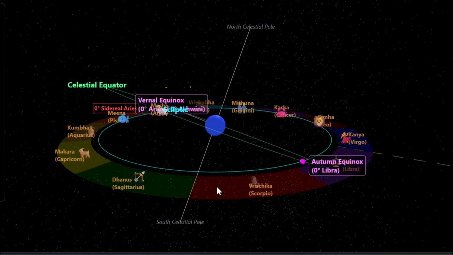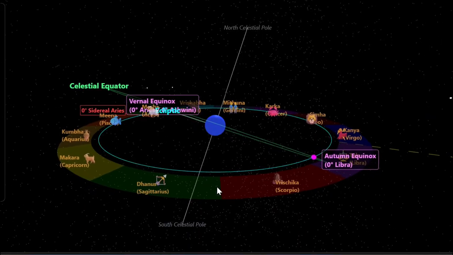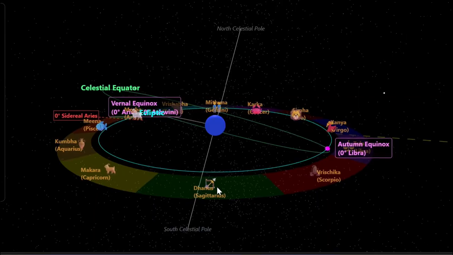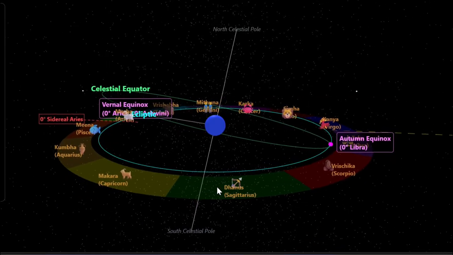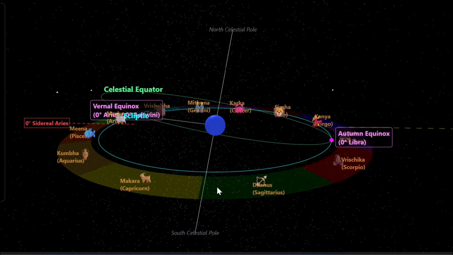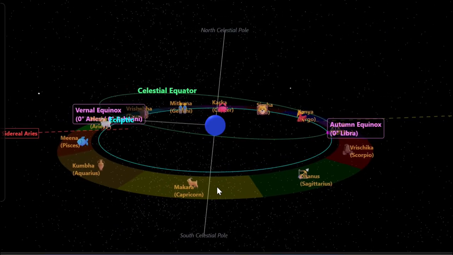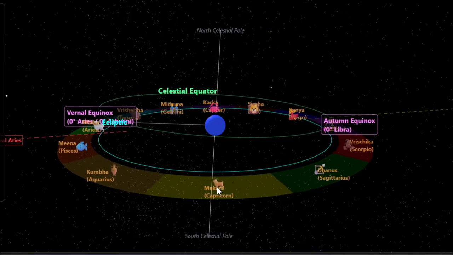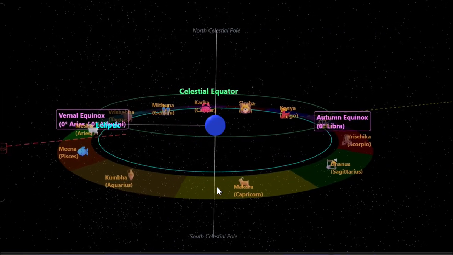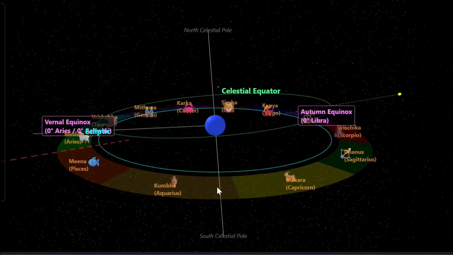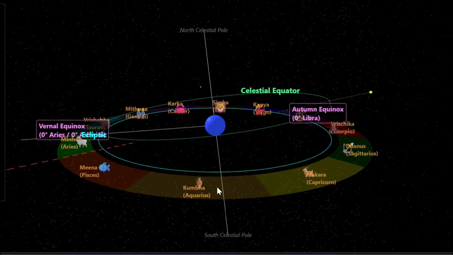In 1 year, it doesn't come back to its exact same point in space, and it lags behind by 50 seconds. Every year it is lagging behind 50 seconds, and over the years there is a lot of difference in degrees.